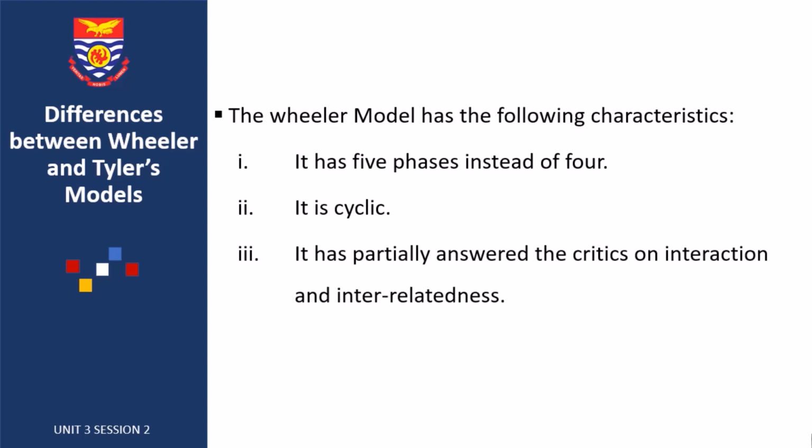And Wheeler's model has partially answered the critics on interaction and interrelatedness. We can even mention that in Wheeler's model, evaluation can take place at any point in time, unlike Tyler's model where evaluation is left to take place at the end of the entire process.